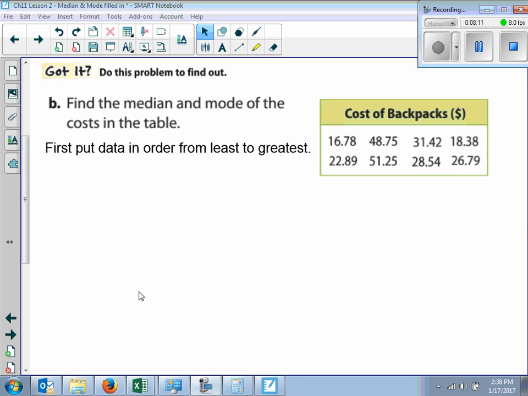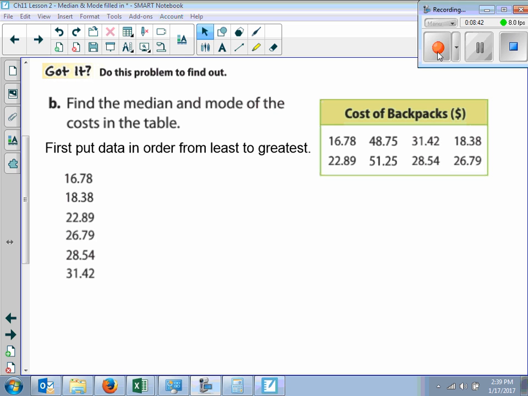So let's do this one together. On this one, we're just going to put the data in order from least to greatest. We want to find the median and the mode of the costs in the table, which is the cost of backpacks. So we've got $16.78, then $18.38, and $22.89.